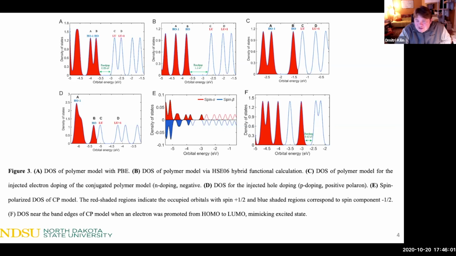Let's check with Aaron. Did Amir answer your question? So I guess it is just two different calculations, checking which configuration has the lowest excited state energy?